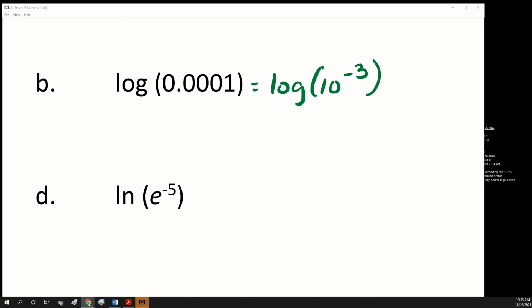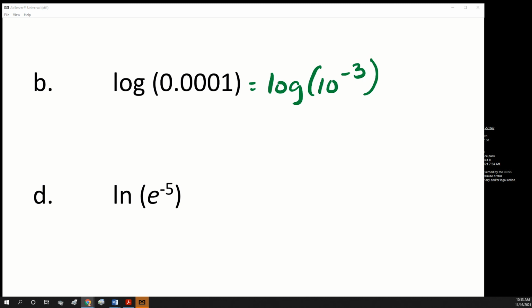So it's still the number of zeros, but it's the number of zeros basically between the 1 and the decimal point. All right, so that's just going to be -3. So if it's log base 10 and the zeros are in front of the 1, just count how many there are between the decimal and the 1, and then negative that number.